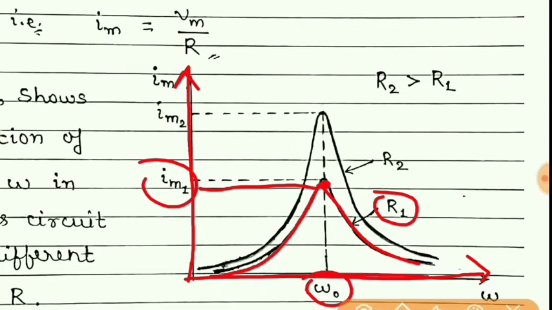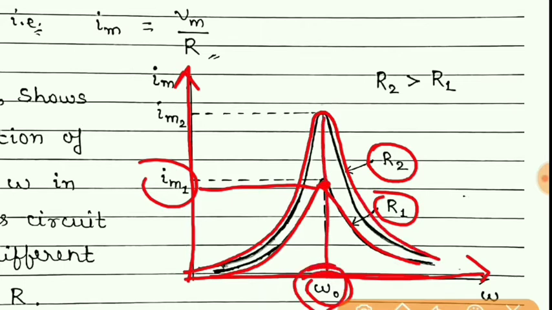Now if we choose a greater value of resistor in the circuit without changing L and C, then what will happen? The peak value of the current will decrease, but the resonance will occur at the same frequency.